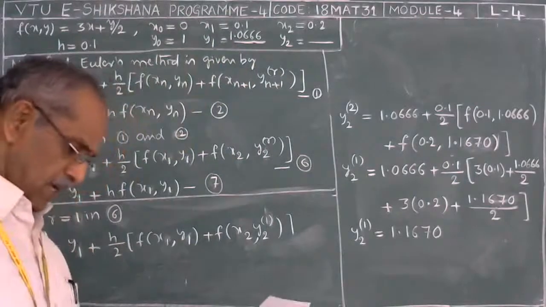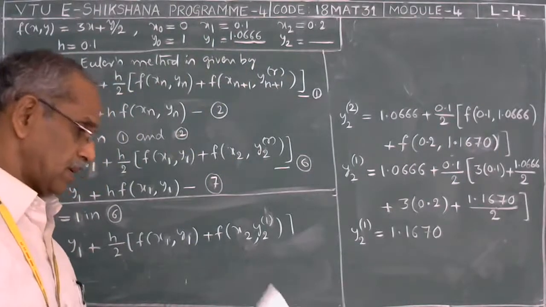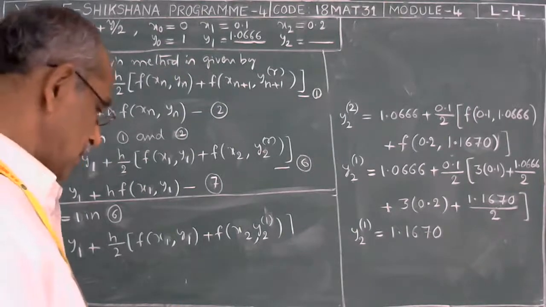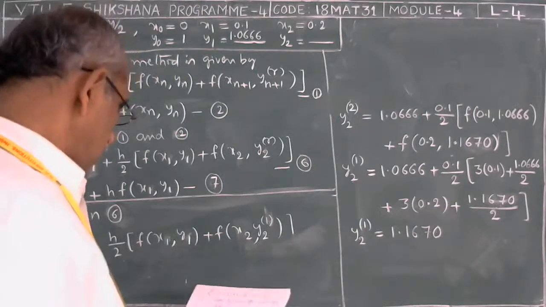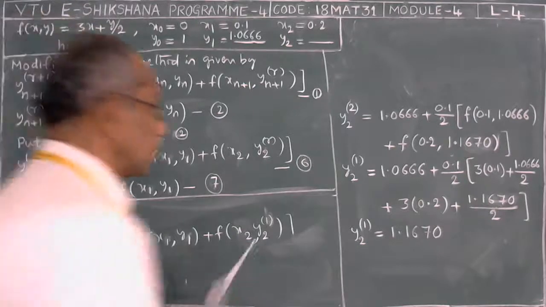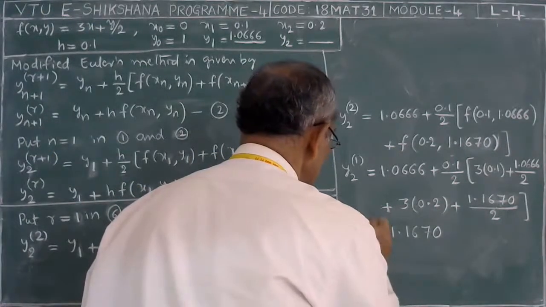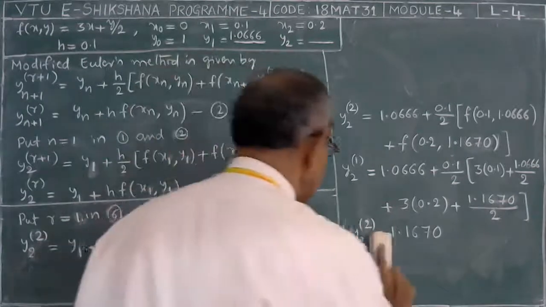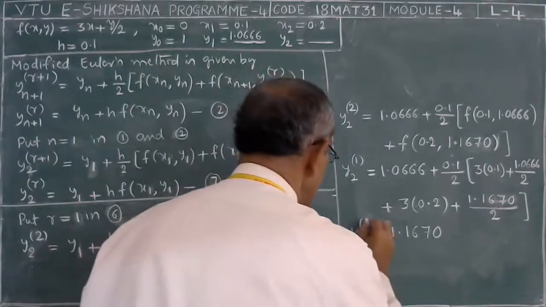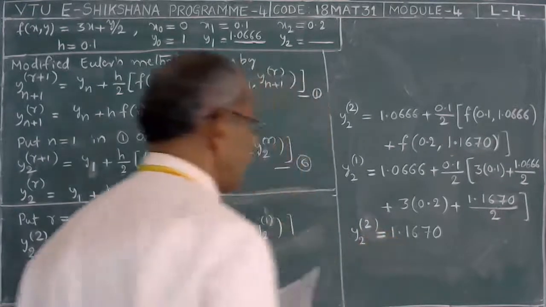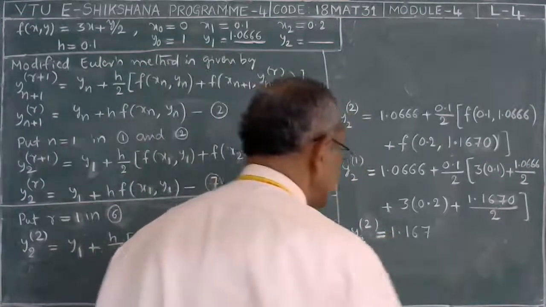If you carefully calculate, the y2 2 value will be 1.1674.